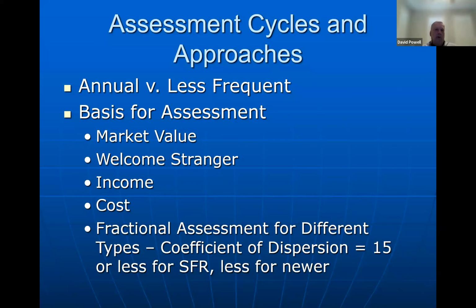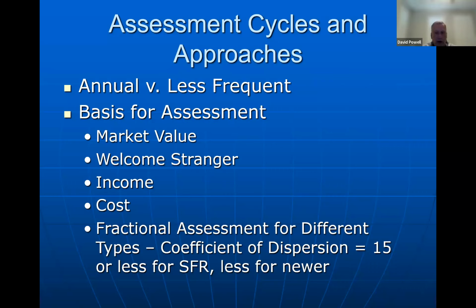Vertical equity would be a progressive form of tax, whereby people with more ability to pay the tax are paying higher amounts than people with less of an ability. That's what we would call vertical equity. Here we're talking about horizontal equity. Horizontal equity says that similarly situated taxpayers should pay the same amount in taxation.